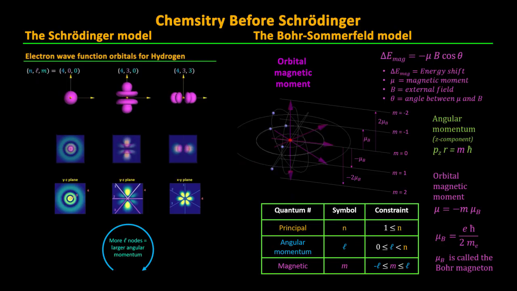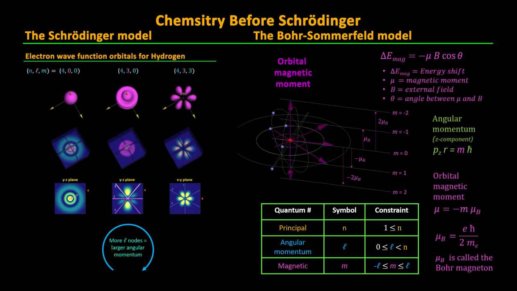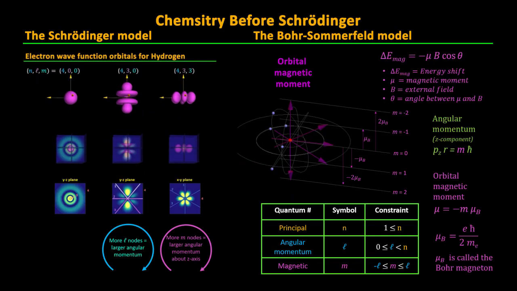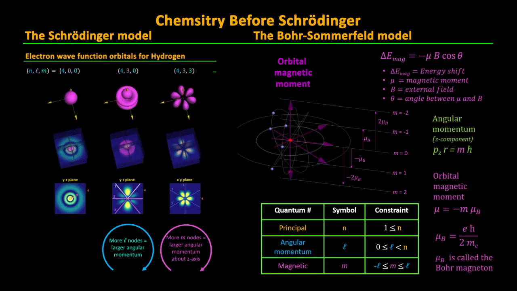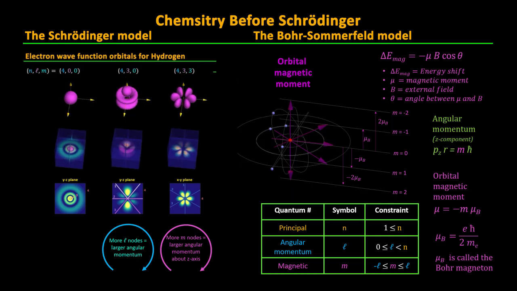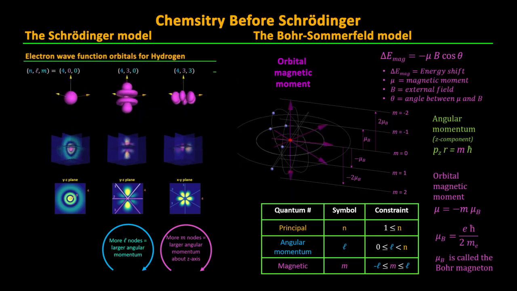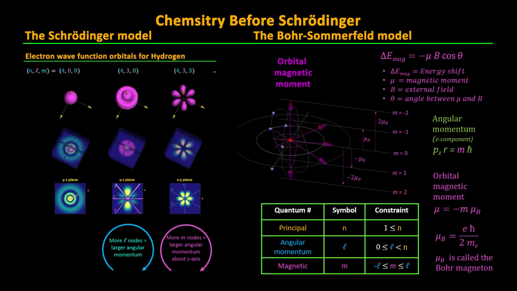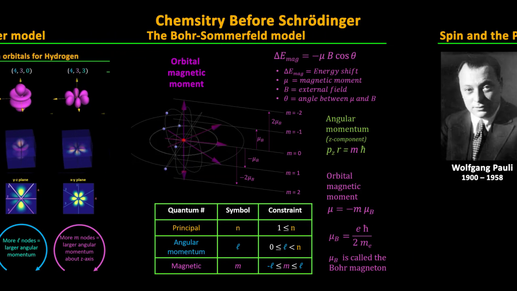Since in Schrödinger's model, L represented the number of rotational vibration nodes, and m was the fraction of those nodes oriented about the z-axis, it makes perfect sense to think of L as the angular momentum quantum number and m as the fraction of the angular momentum aligned to a certain direction, in this case the magnetic field. So you see, these two models agree quite well.